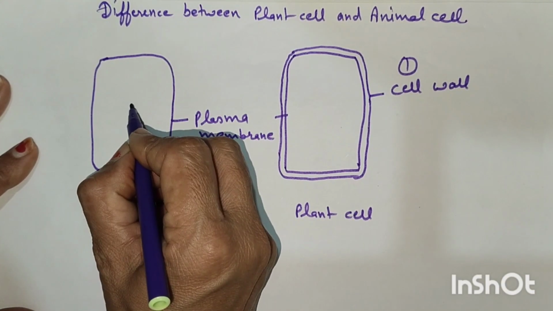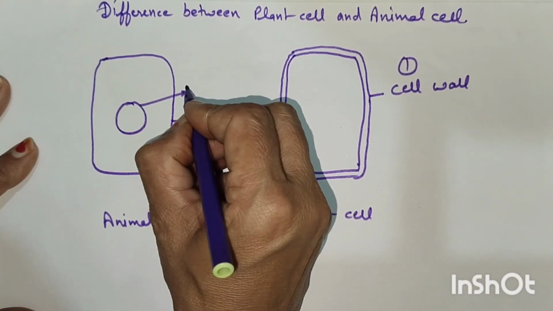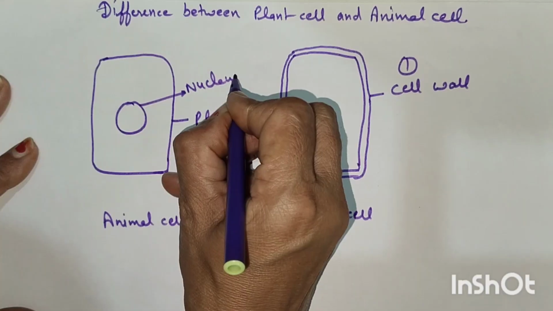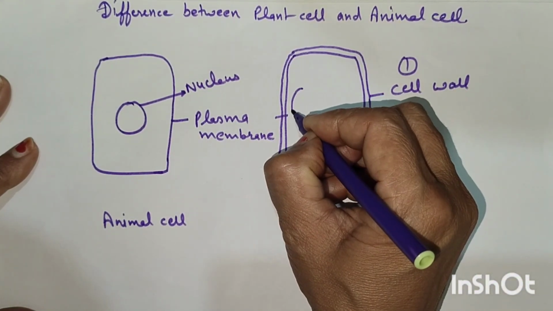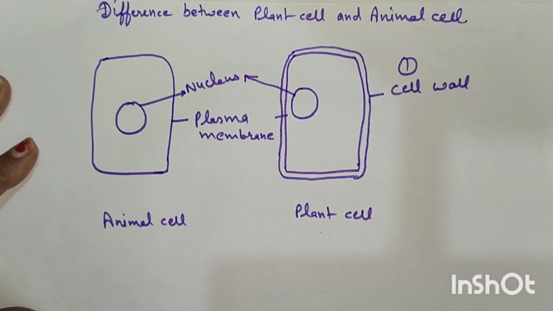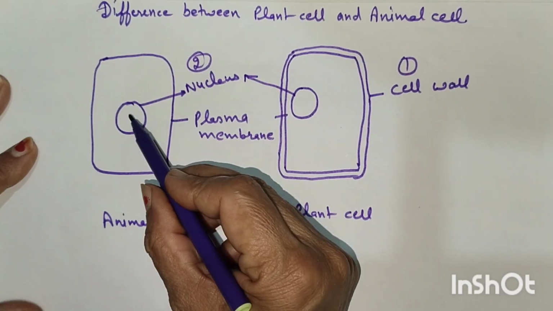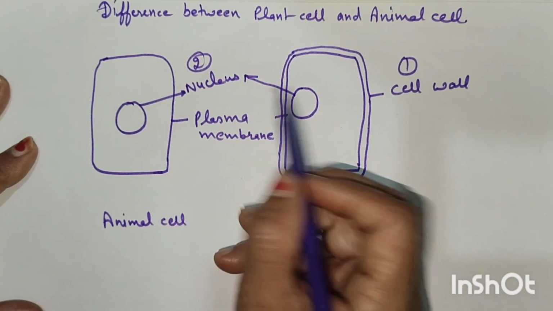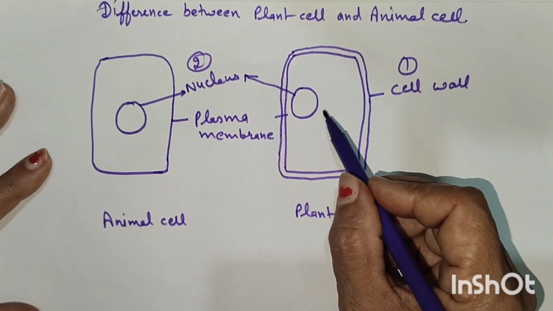Now, in the animal cell, nucleus is present at the center. But in the plant cell, nucleus is present at the periphery. Second difference is, in the animal cell, nucleus is present at the center, but in plant cell, nucleus is present towards the side.